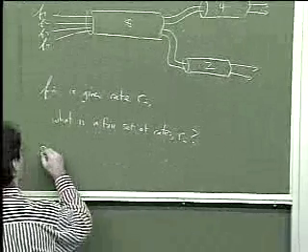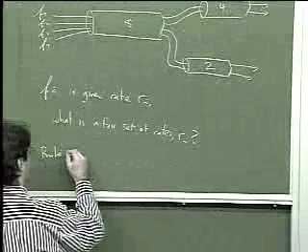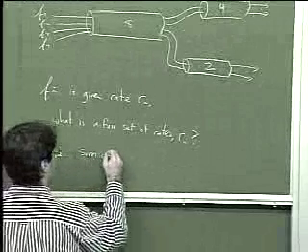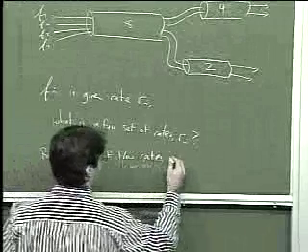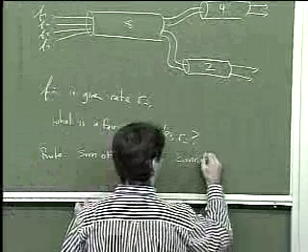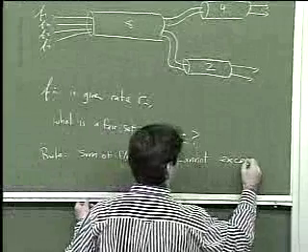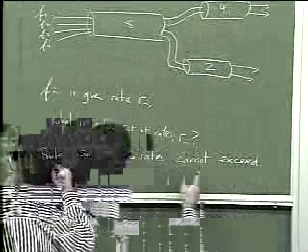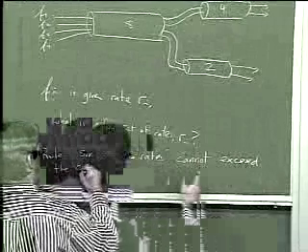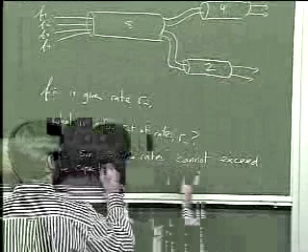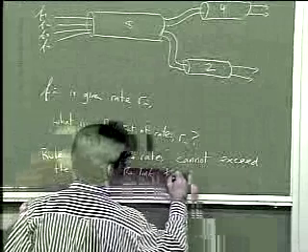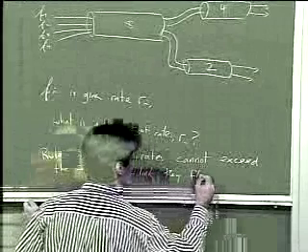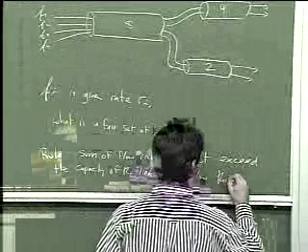And the rule is that the sum of flow rates cannot exceed the capacity of the link they flow through.